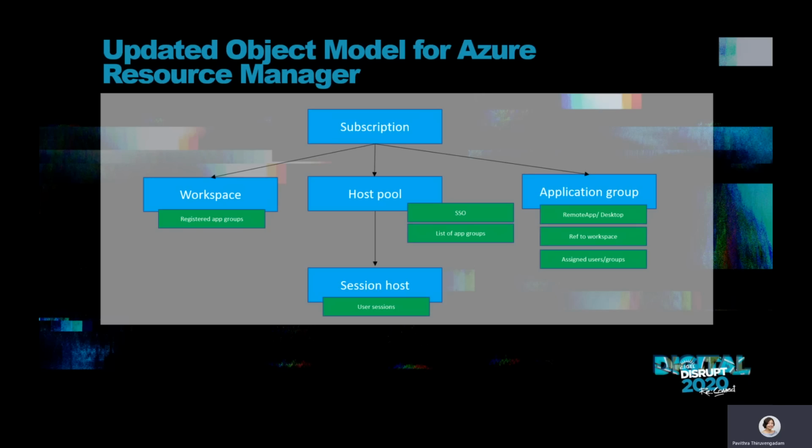Essentially, we have three top-level WVD objects, which are the workspace, host pool, and application group. And every one of these objects requires an Azure subscription, resource group, as well as location associated with it. So host pool is essentially a collection of references to a virtual machine.